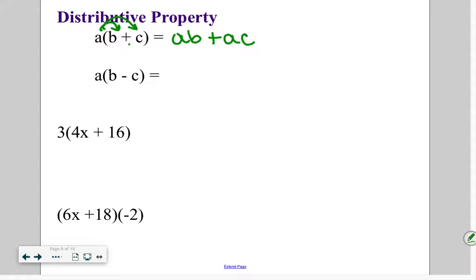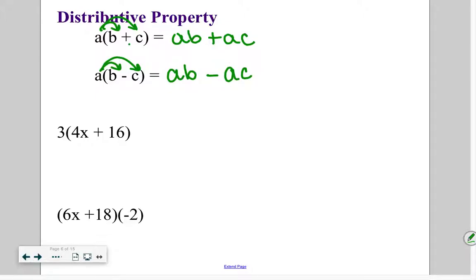If it's a subtraction sign in between the 2 of them, I'm still going to multiply a times b and a times c, but now because there's subtraction inside the parentheses, it's going to be subtraction. That is only true, however, if you're multiplying times a positive number on the outside. If you're multiplying times a negative number, it changes the value of everything inside those parentheses.